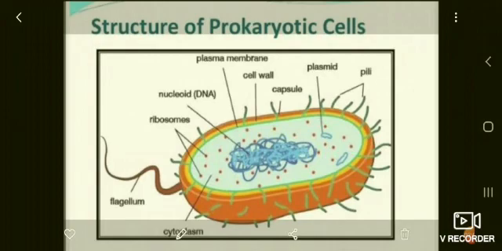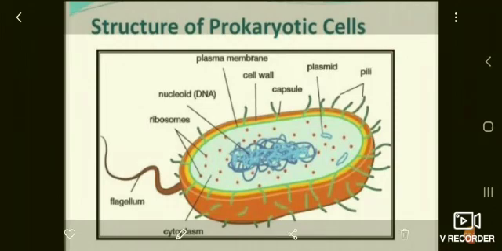Here cell wall is also present, that is made up of peptidoglycan or murein when present, but it is absent in mycoplasma. Peptidoglycan is a polymer of recurring unit of muropeptide. Now what is muropeptide?